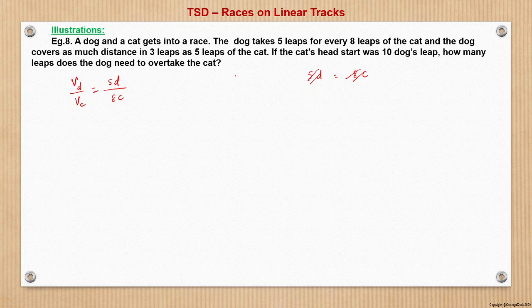Now further it is given that the dog covers as much distance in 3 leaps. That is 3 leaps of dog, which is 3D, and that is the same as the 5 leaps of cat, which is 5C. So this is one relation. So this we will substitute here. So let us see what happens.